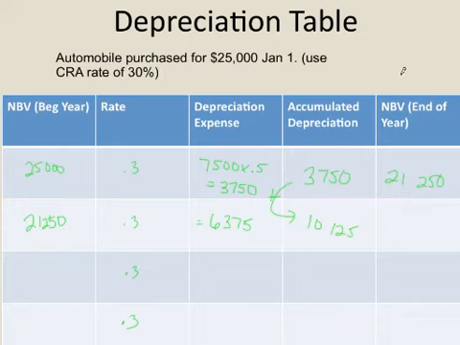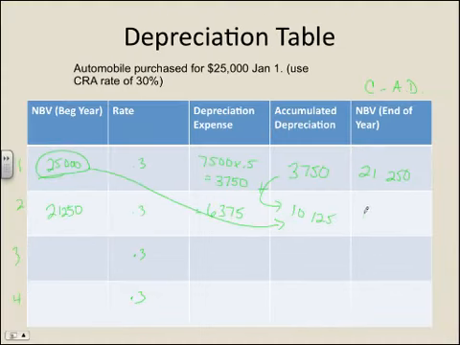Our net book value, remember, is cost minus accumulated depreciation. Our cost is $25,000. And now our accumulated depreciation for this year is this. So 25,000 minus that is 14,875. And so on. We go on and on.